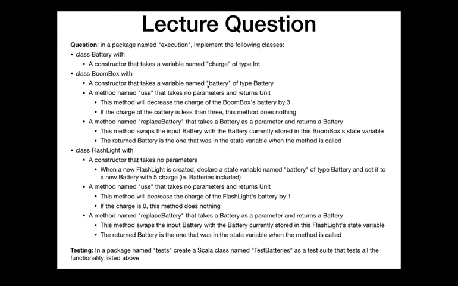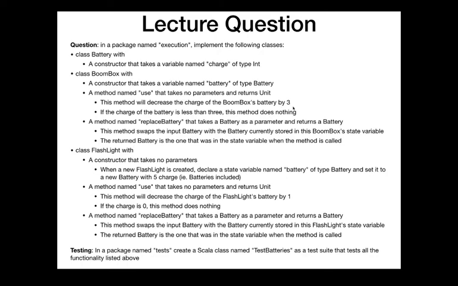A class boombox that's going to take a battery in its constructor. So when you have a boombox, you've got to supply a battery. Everything's singular in this, but you've got to supply a battery, put in that boombox to get it to work. This boombox has 2 methods: use and replace battery.